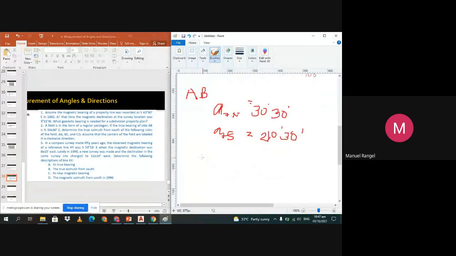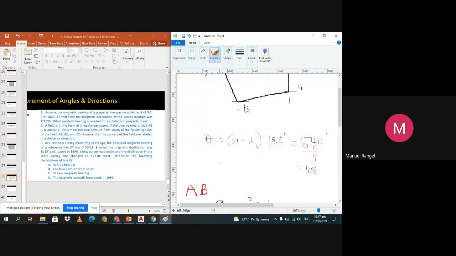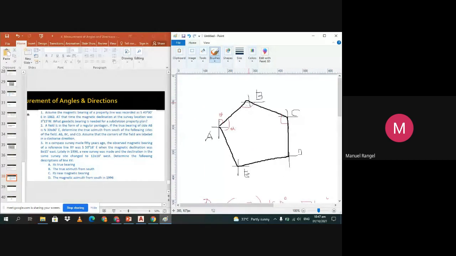Then we have the line BC. So what is the bearing? So this is the line BC. We have the interior angle of 108 degrees.